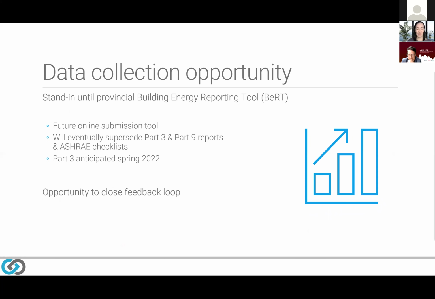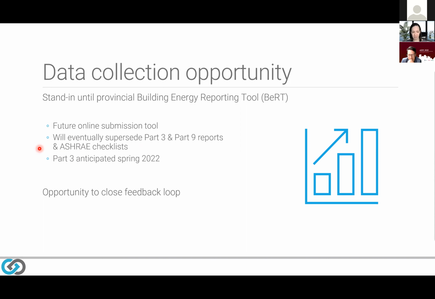And so this is just a little glimpse of what's to come, but the province has been working for a few years on a provincial online energy reporting tool called BERT. And it's going to be an online submission tool that will supersede both Part 9 and Part 3 checklists, as well as the ASHRAE forms.